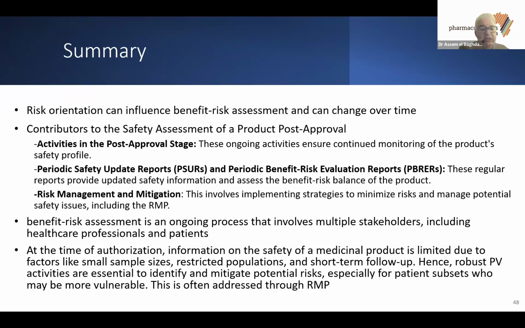That's why you need robust pharmacovigilance activities, which are essential to identify and characterize new information and to mitigate the risks and potential risks that you haven't identified before. I think this is my last slide, and I will stop here.